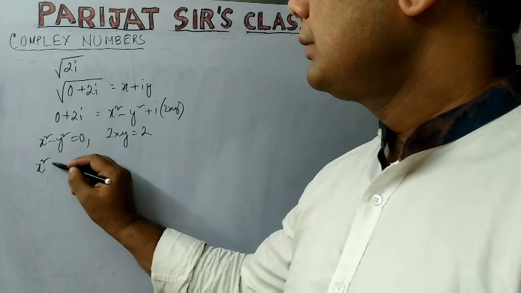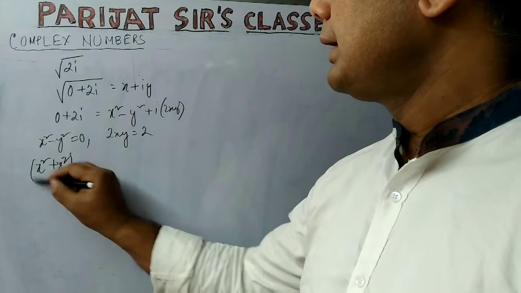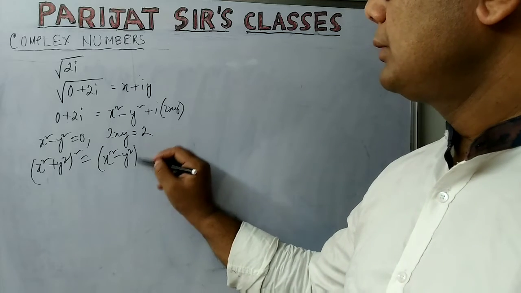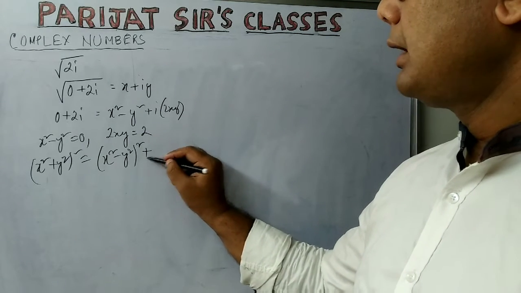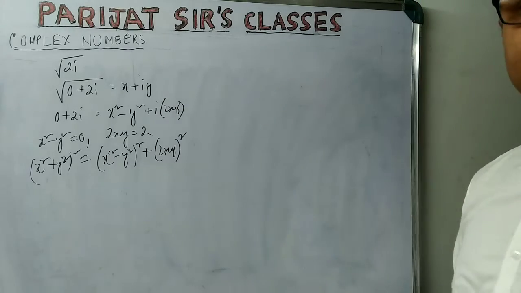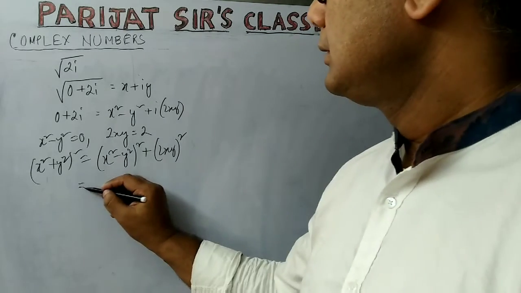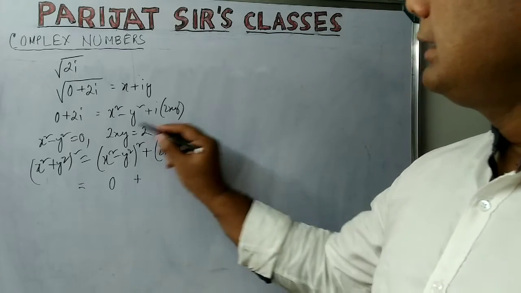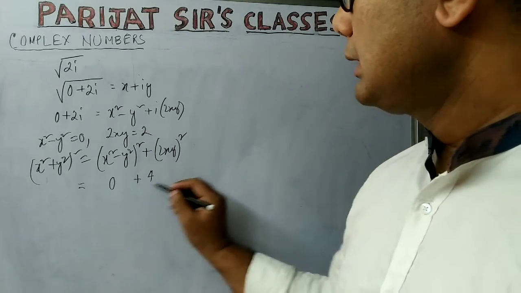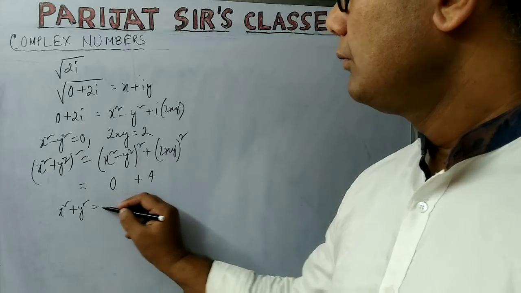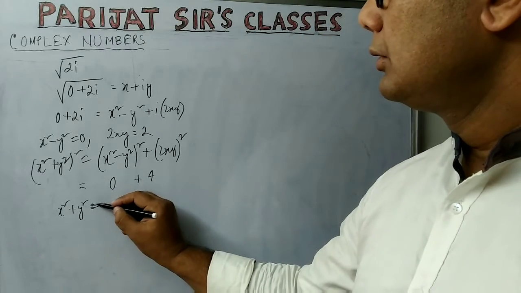Same way, x square plus y square whole square will be x square minus y square whole square plus 2xy whole square. That means this is 0, so 0 square plus, and this is 2, so 4. So answer is 4. That means x square plus y square will be square root of 4.